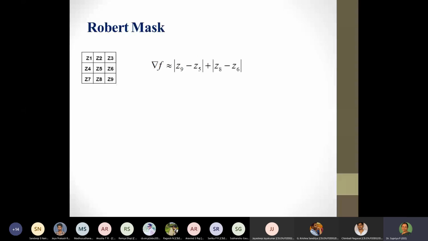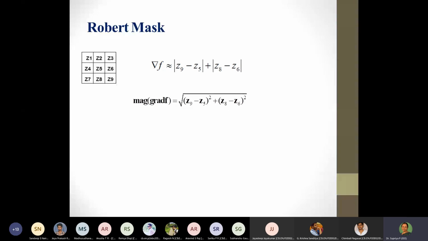We had already considered last class that the Roberts mask is just a simple mask, which could be approximated for a 2 by 2 matrix. When I say it could be approximated for a 2 by 2 matrix, the first thing that comes to our mind is, why don't we approximate it as Z8 minus Z5 and Z6 minus Z5? It is reasonable, but last class we had seen that Roberts mask is not that simple a 2 by 2 approximation.